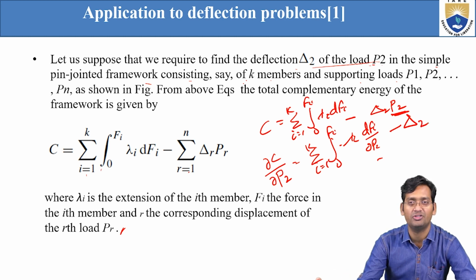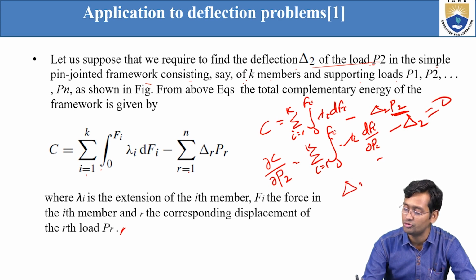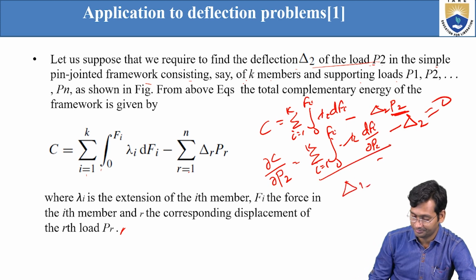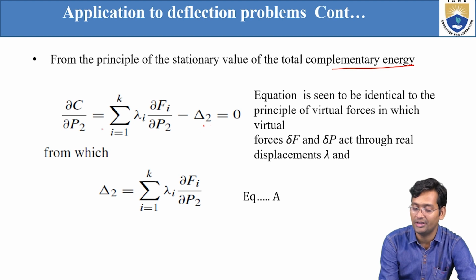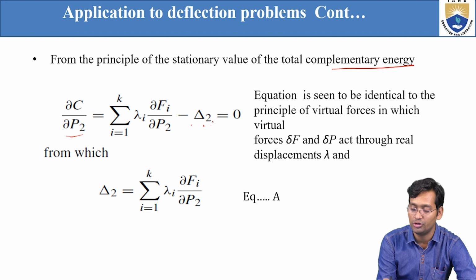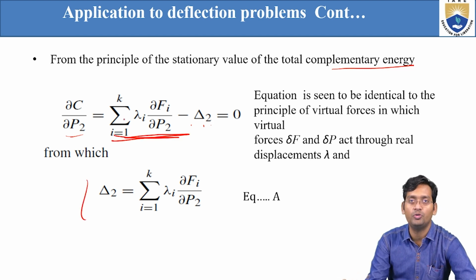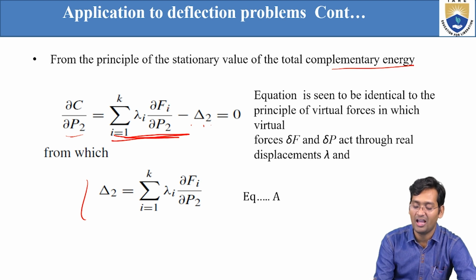From the principle of conservation of energy, this must equal 0. So delta 2 equals this term: sigma i equals 1 to K of lambda i del Fi by del P2.